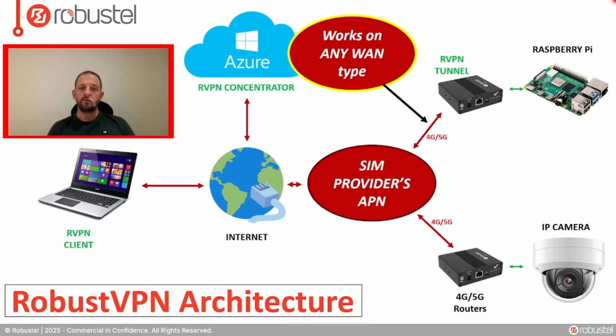Another subtle but very important point is that it doesn't matter what the internet connection type is. So as long as the router you choose from Robustel can support Wi-Fi, Ethernet, or cellular, this technology works over any. So one of the alternative solutions, which is very valid and works well, is to use a SIM card with fixed IP and a VPN associated with it.